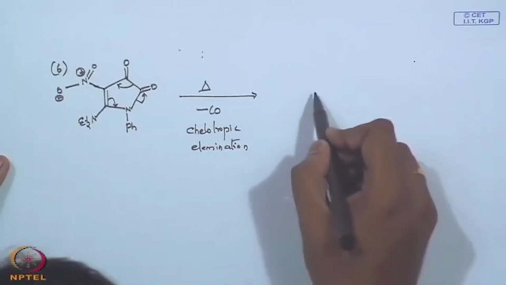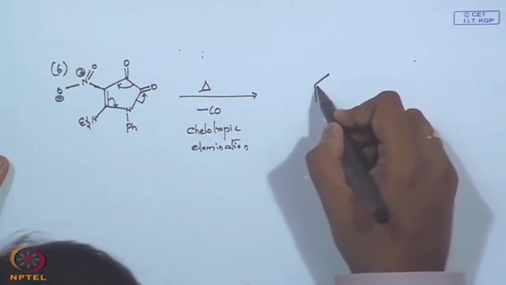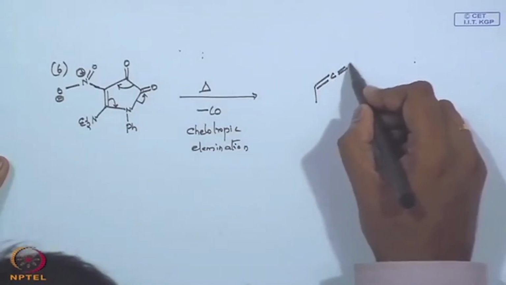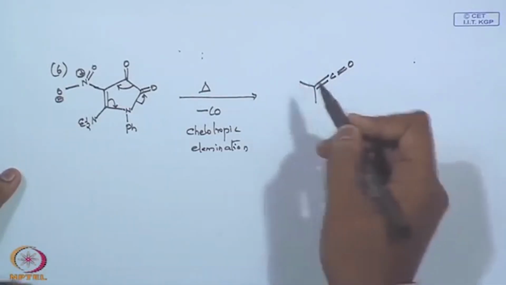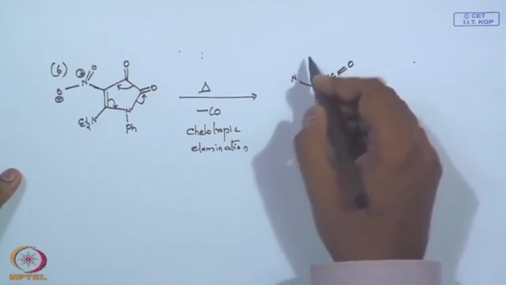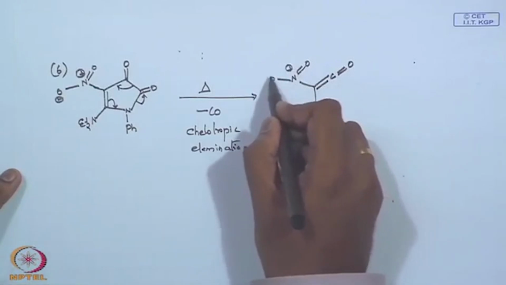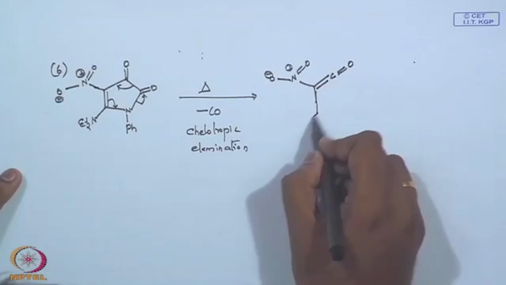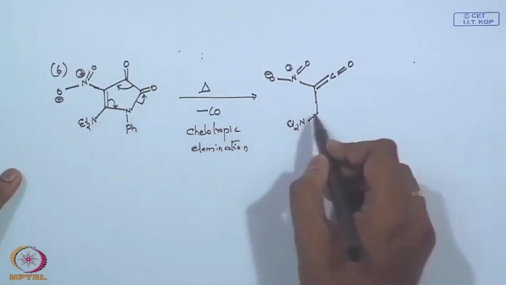So then if I write the structure properly, I should get a double bond, because the double bond moves here. So you get a ketene type of structure with your nitro here. Then I have my N diethyl, this one.